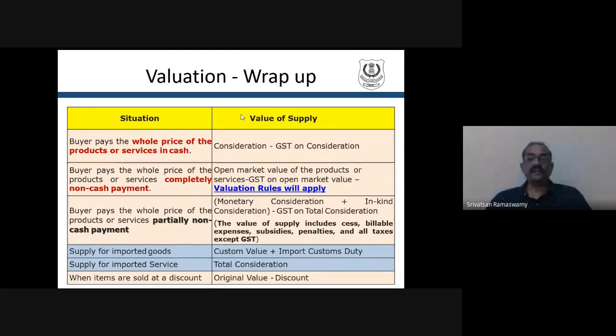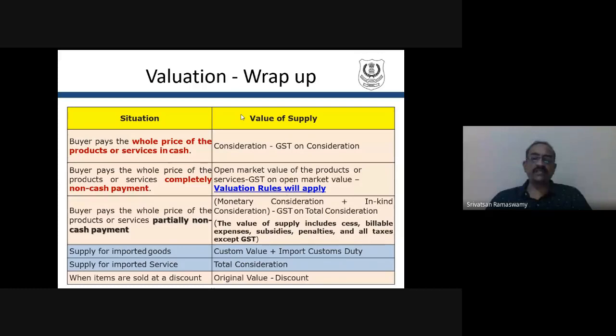But if the buyer pays by non-cash payment, like, see, for instance, yesterday also I gave one example. I am a chartered accountant and I am providing a service to my client, and instead of taking 1 lakh rupees as my consultancy charges, I take from him 5 grams of gold, or 2 sovereigns of gold, or 3 sovereigns of gold.